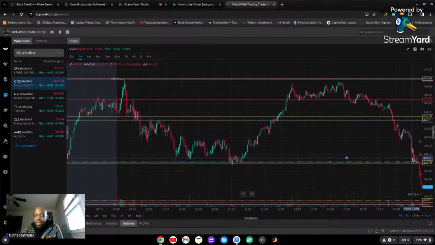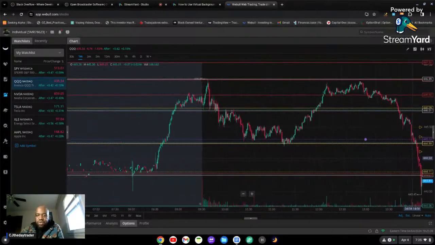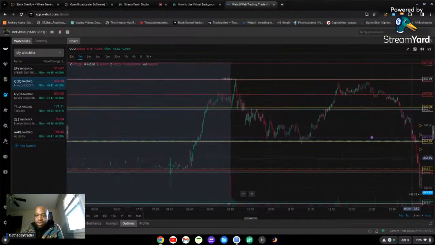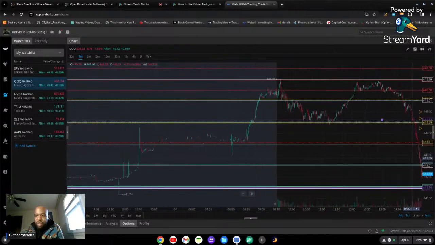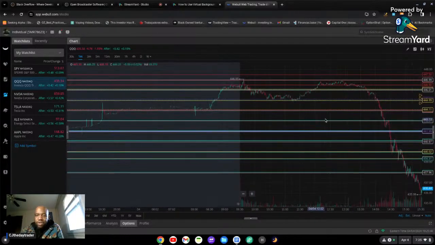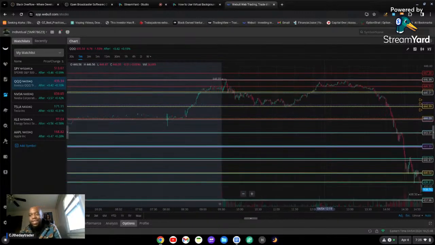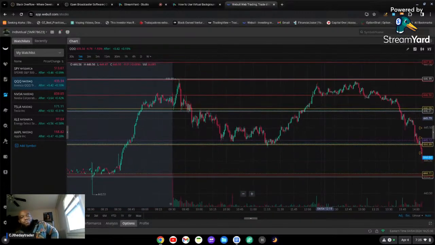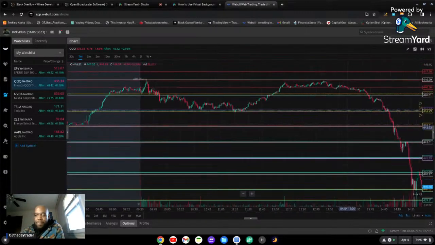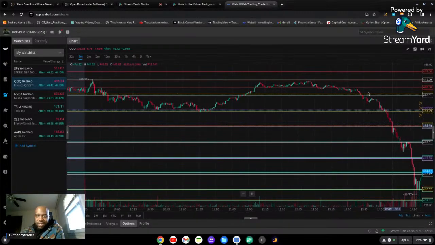Now keep in mind the puts that we have are for the 444 level, actually for the 443 level. So once you hit 443, that's when you really start seeing your bang for your buck, and you start getting into the twos and the 300s, right? So as we come down, I mean, this is just pretty intense here.